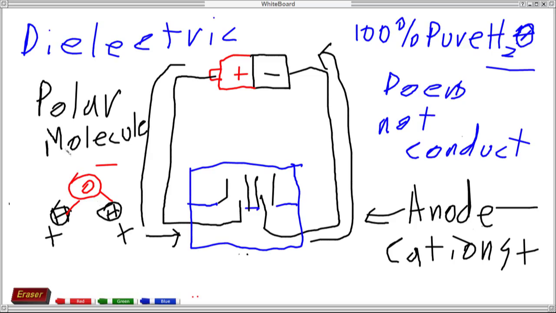Because of this polar property, water expands in volume when it freezes, because of what they call intermolecular forces.